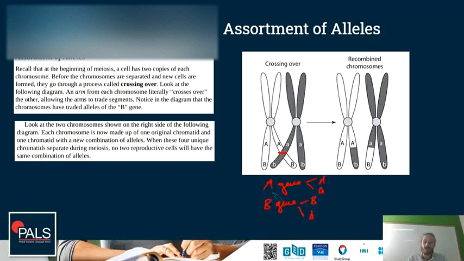What these capital and lowercase letters directly mean, we will talk about in a moment. For now, we have gene A and gene B, each with two different types of alleles, one represented with a capital letter and the other with a lowercase letter. And we can see that during crossing over, we have a little bit of shuffling up of these alleles, and we have recombined chromosomes.